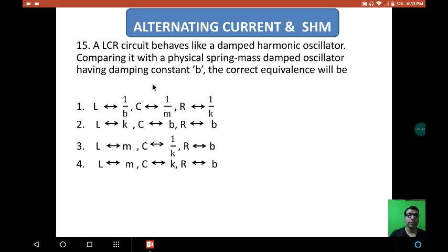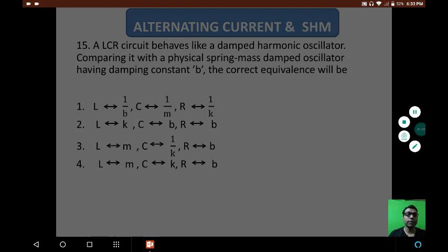Let us first take the mass spring case. In the case of the spring mass, the force is directly proportional to minus kx, that we call the restoring force.